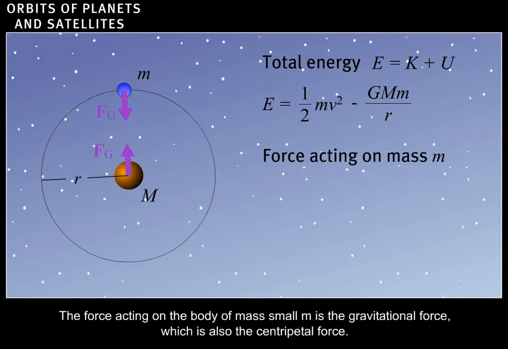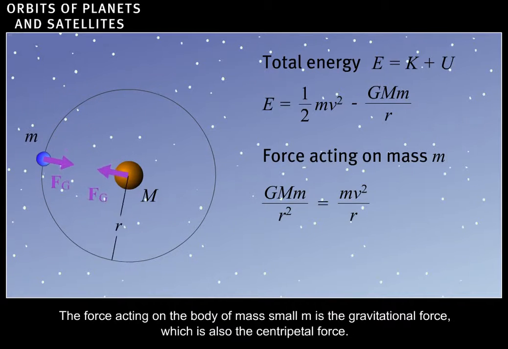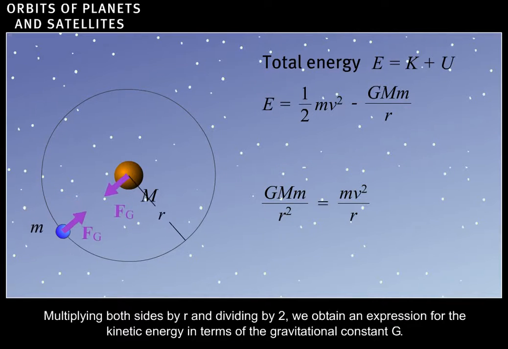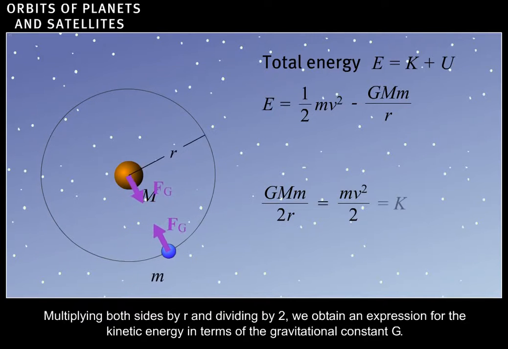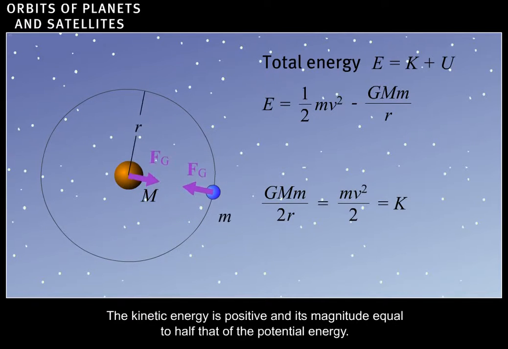The force acting on the body of mass small m is the gravitational force, which is also the centripetal force. Multiplying both sides by r and dividing by 2, we obtain an expression for the kinetic energy in terms of the gravitational constant G. The kinetic energy is positive, and its magnitude is equal to half that of the potential energy.